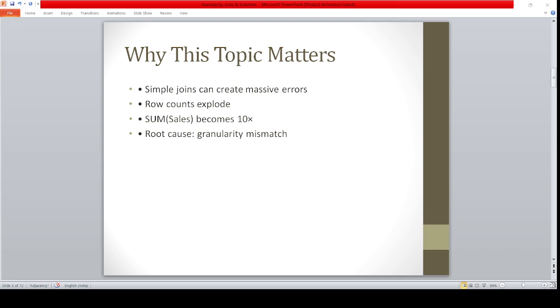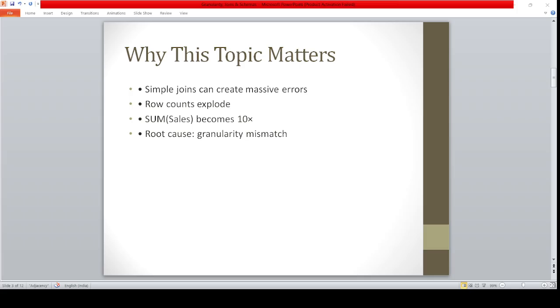Sometimes it makes so many duplicates that the overall sales sum we expect increases so much that it goes 10 times or 20 times.